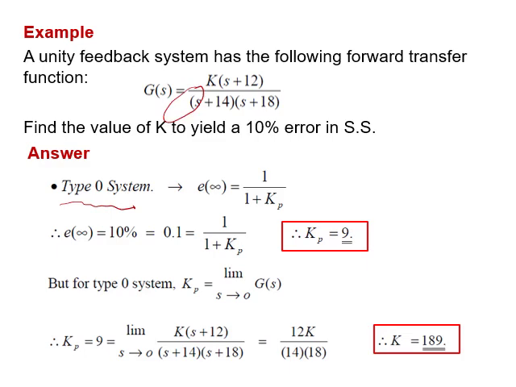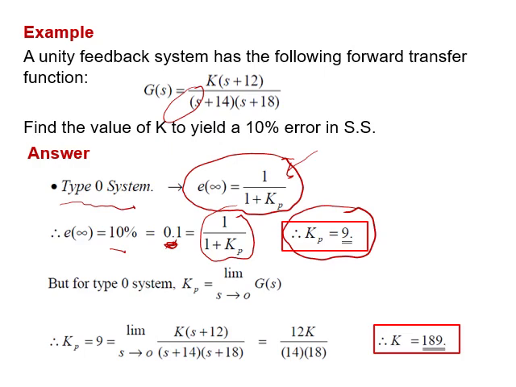And the formula for the finite error is going to be 1 over 1 plus Kp, which means the 10% is equal to this value. You see 10%, which equals 0.1, equals 1 over 1 plus Kp. From there, we can calculate Kp to find that it's 9. Kp is equal to 9. And from the constant equation, Kp is equal to the limit of G(s).